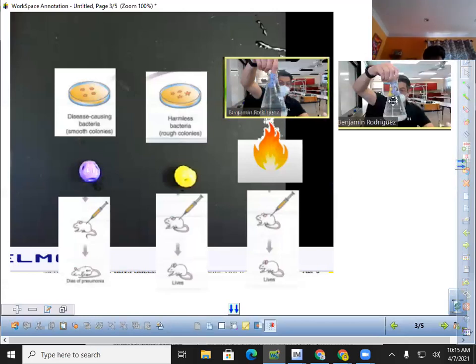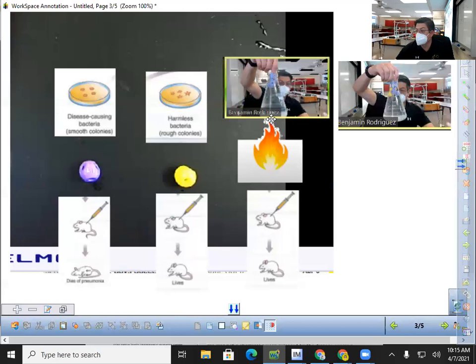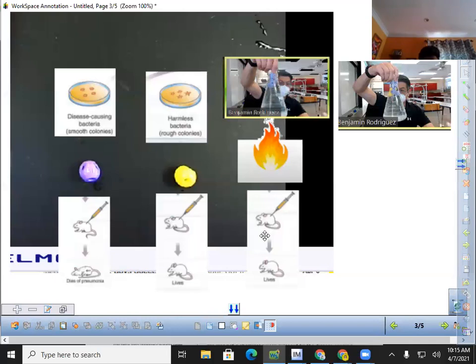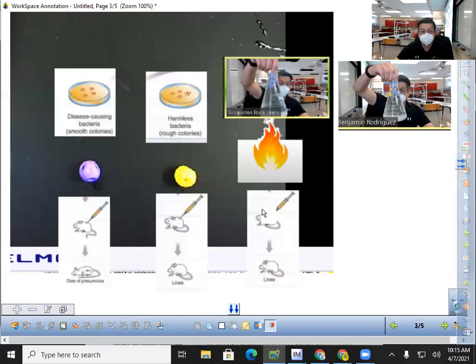No, the purple is the heated juice. So what should happen, y'all? It stays alive. The mice should stay alive technically, right? Yeah. But guess what?